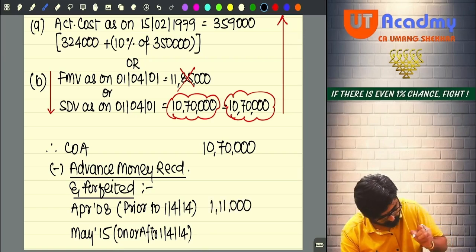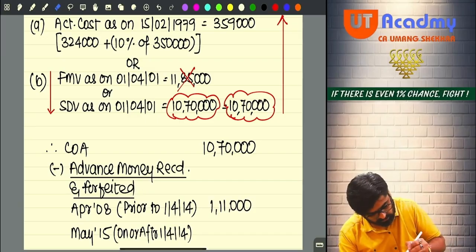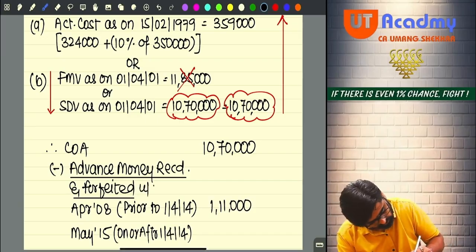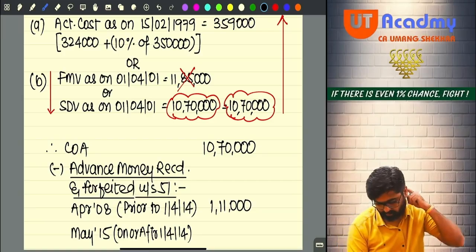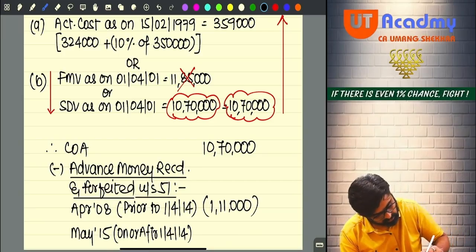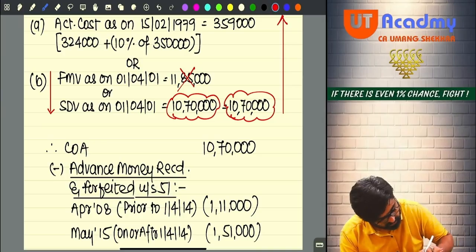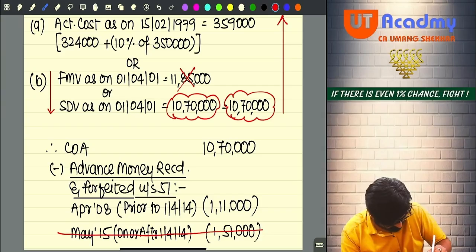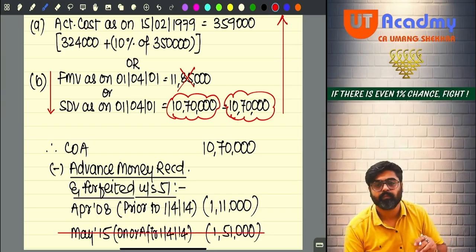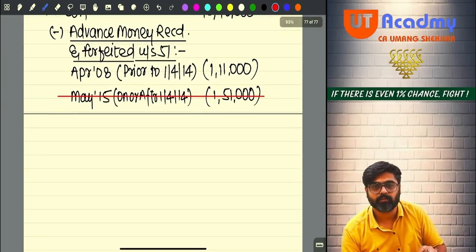How much was that? 1,11,000. This is adjusted under section 51. So 1,11,000 you will write here, and here 1,51,000. You will cut this like this. Why have you done this, sir?